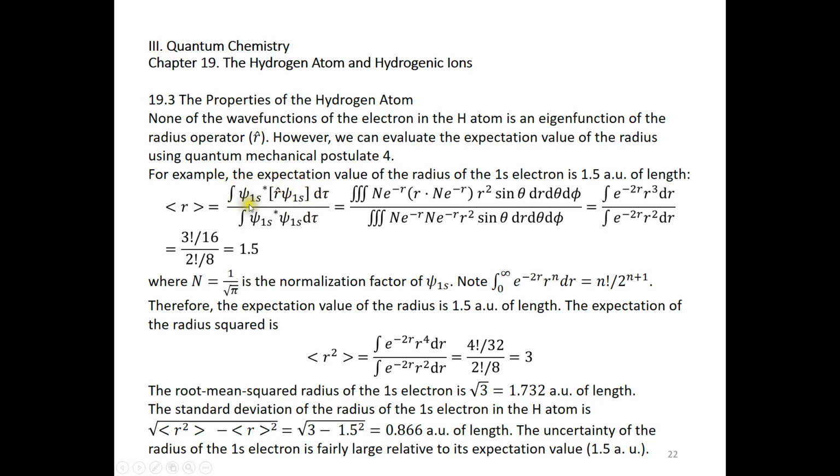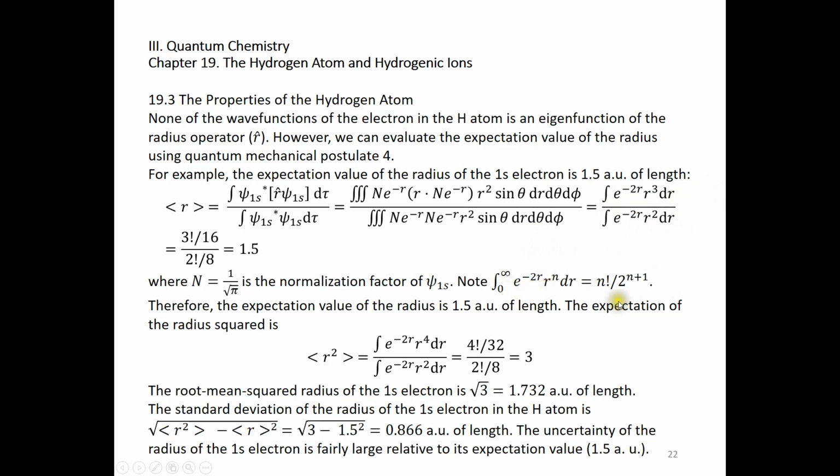On the bottom is just the integral of the complex conjugate times the wave function. We plug in all those expressions for the wave function, for its complex conjugate, and plug in the operator here. When we apply the R operator to a function, it's equivalent to the multiplication by R, and then we have these two integrals. How do we evaluate this?